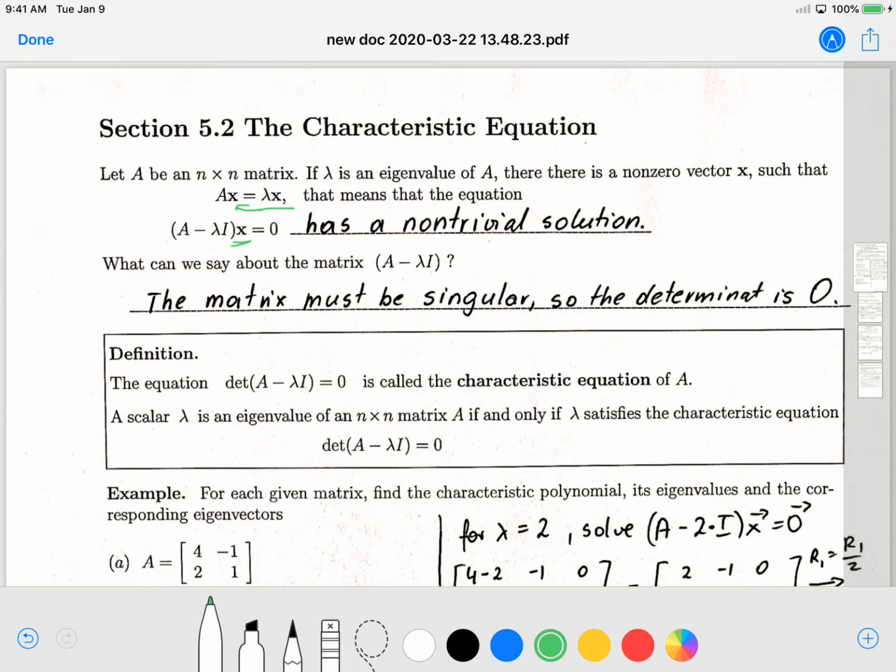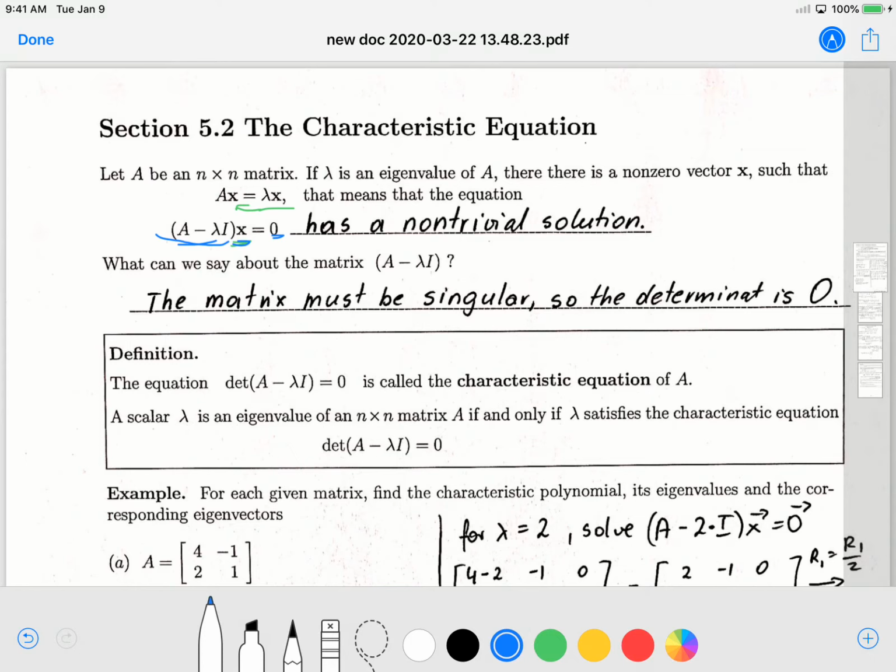So what can we say about the matrix A minus lambda I? Well, that matrix must be singular. Singular means that the determinant must be 0. You can think of it this way: if I have one matrix multiplied by another matrix, and that must be 0, since the vector x cannot be 0, then to get the 0 on the other side, my left side needs to be 0.